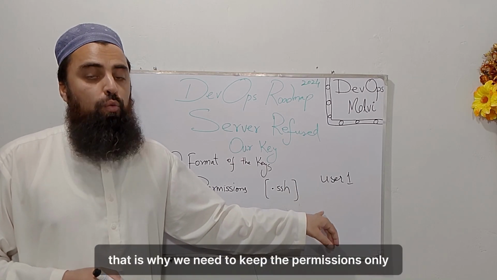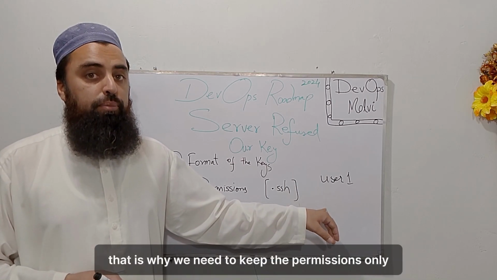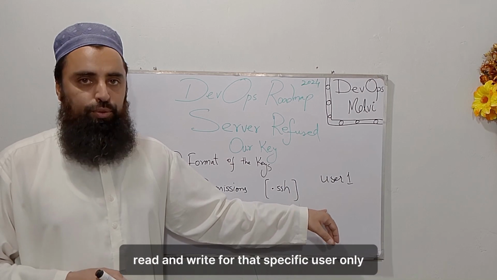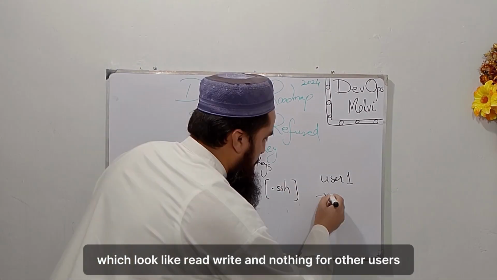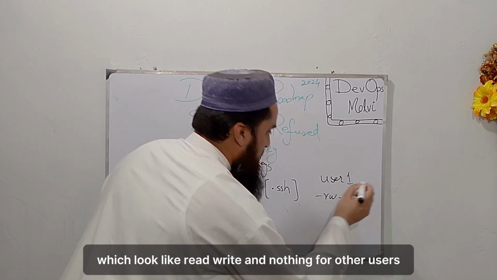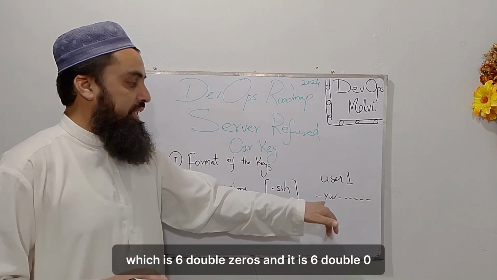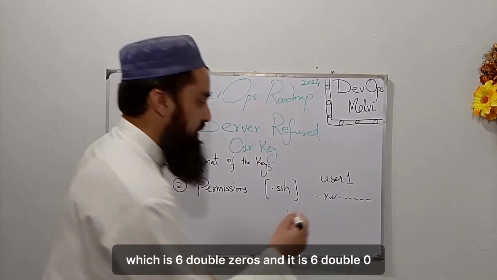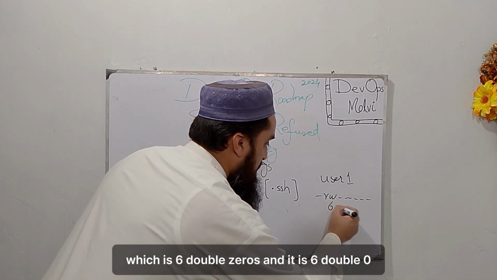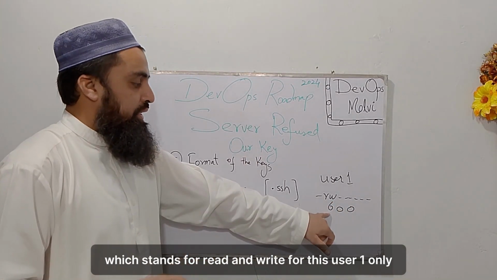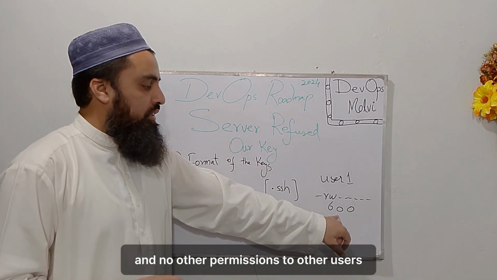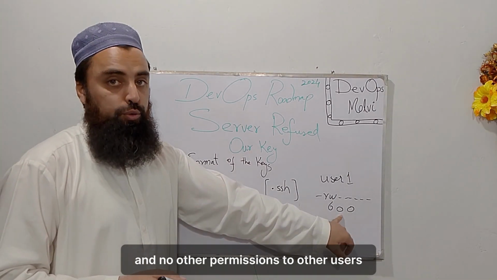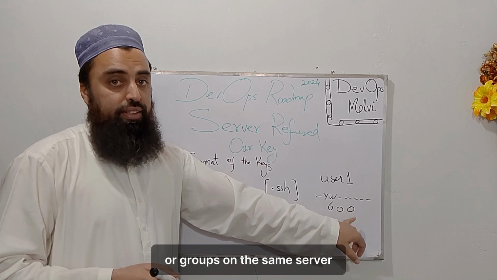That is why we need to keep the permissions only read and write for that specific user, which looks like read, write, and nothing for other users. That is 600, which stands for read and write for user 1 only, and no other permissions to other users or groups on the same server.